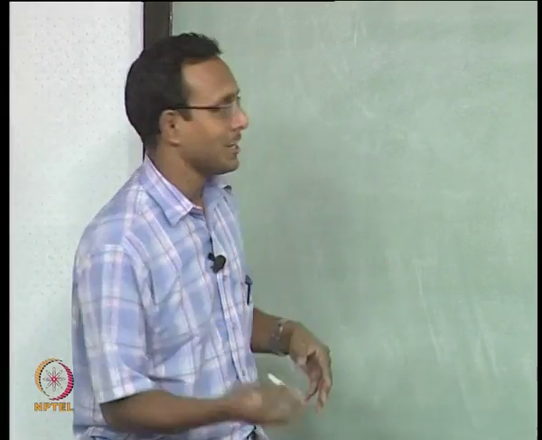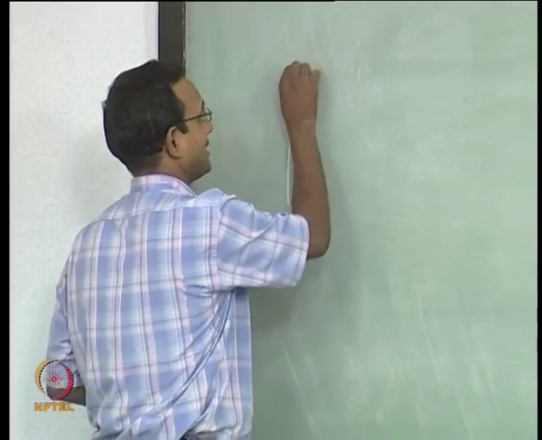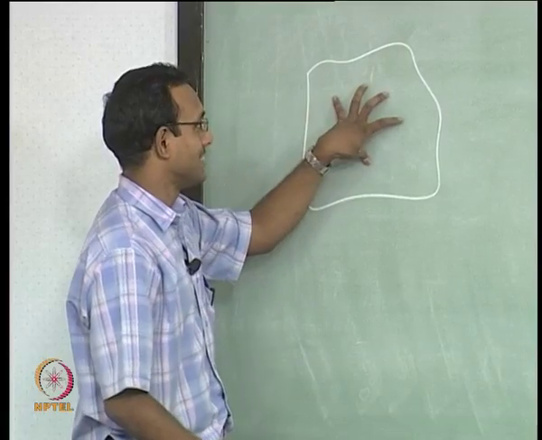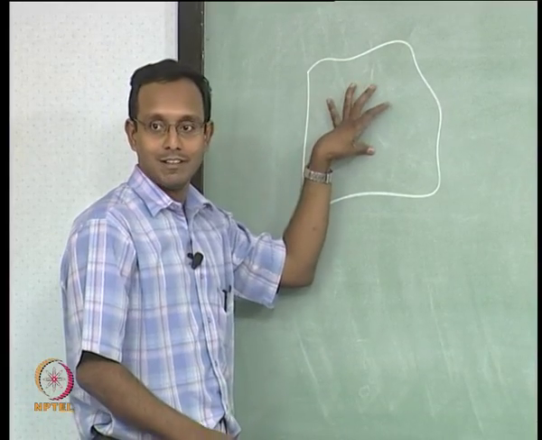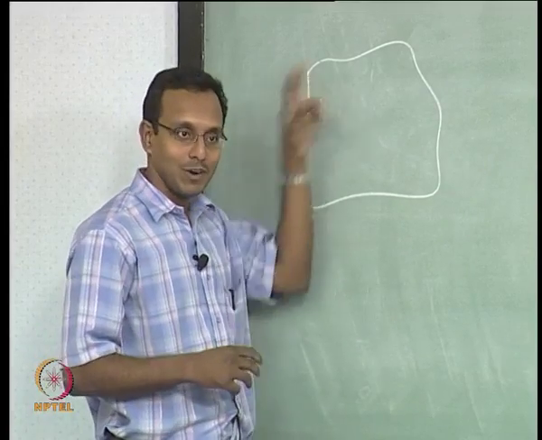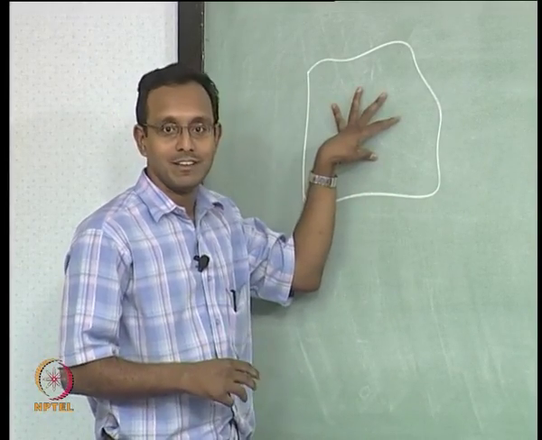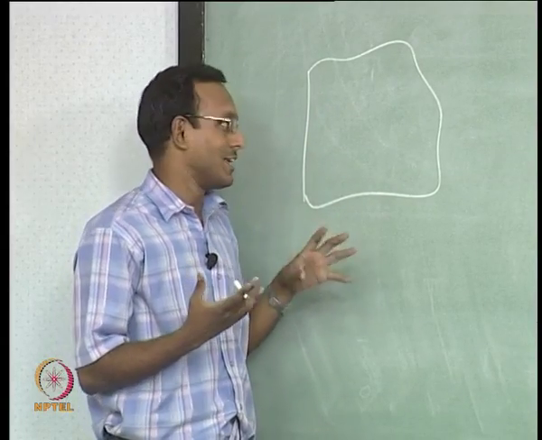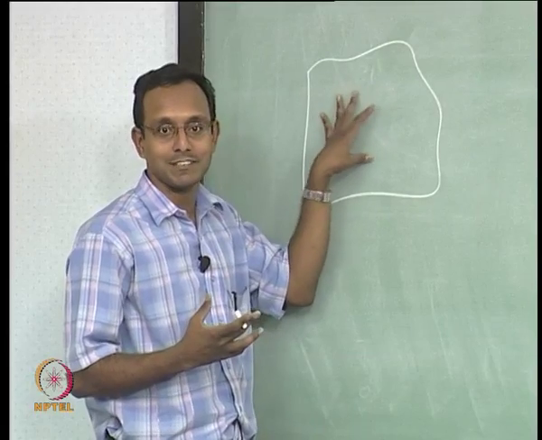If I think about a general system, all this time I have been drawing some box and said everything inside this is my system. What I have done is put boundaries around, and that boundary encloses some volume inside. That volume is my control volume. Why is it called control volume? I am thinking about only whatever is happening inside it.